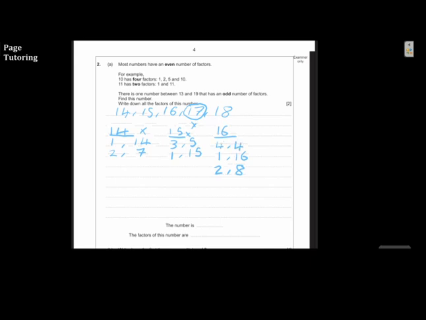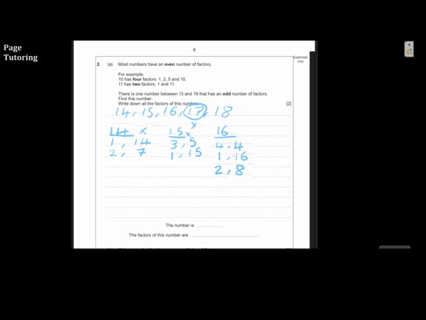So let's have a look. Is there any more there that we've forgotten? No, that's it. And because of 16 being a square number, we can see that of these factors, the unique numbers we have is 4, 1, 16, 2, and 8.